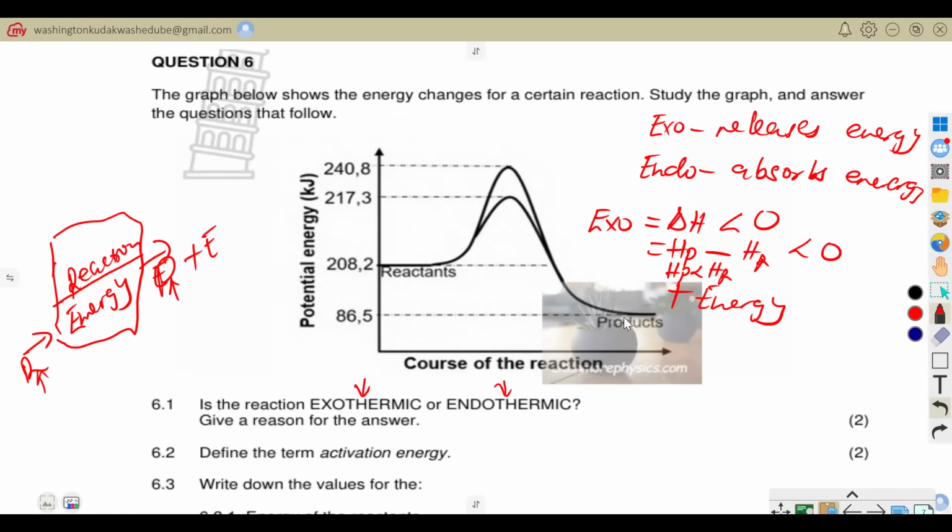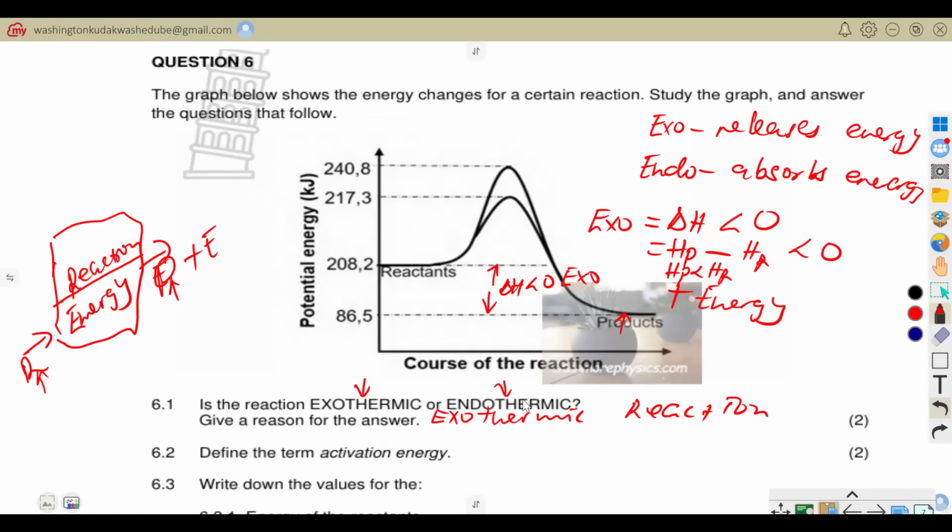When H of products is less than H of reactants like this, our delta H is going to be less than 0, and this is an exothermic reaction. The answer here was just supposed to say exothermic reaction. And the opposite becomes true: once the enthalpy of products becomes greater than the enthalpy of reactants, it becomes an endothermic reaction.